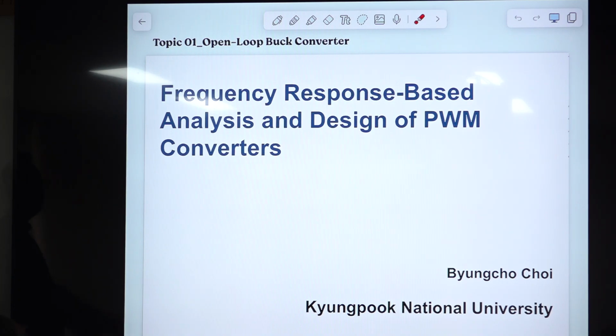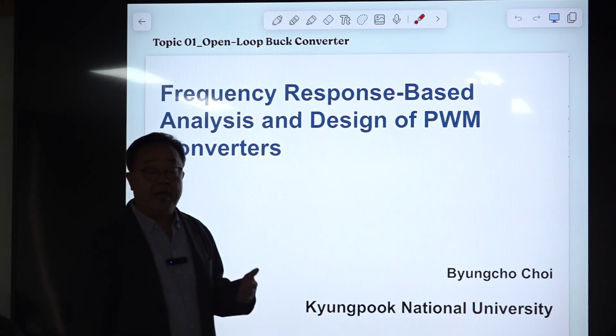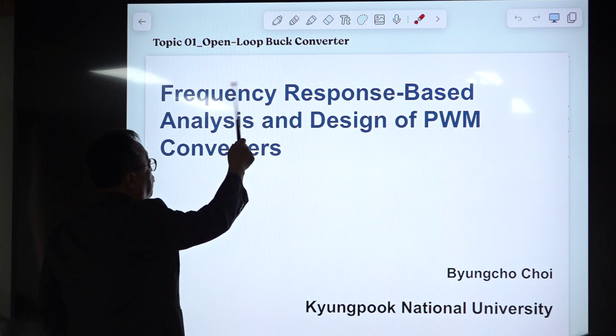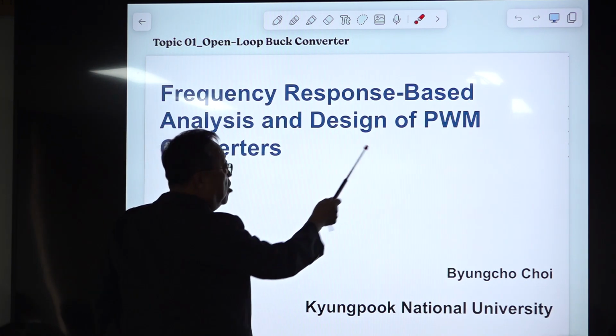That is PWM converters, which are non-linear and time varying systems. So this technique you are familiar with cannot be directly applied to PWM converters.